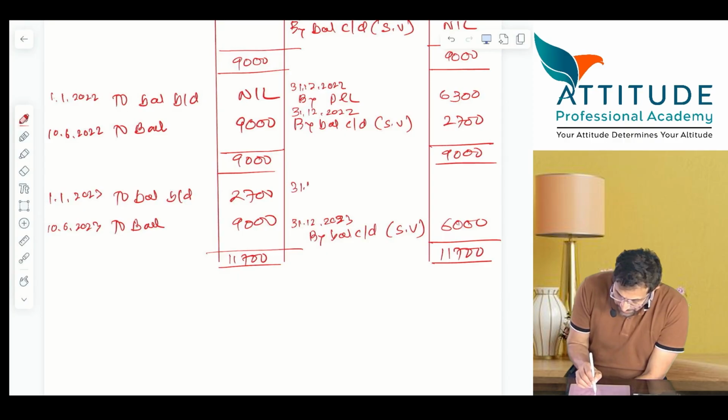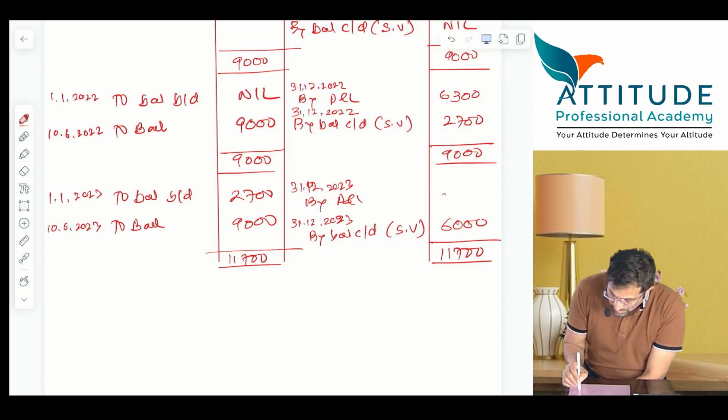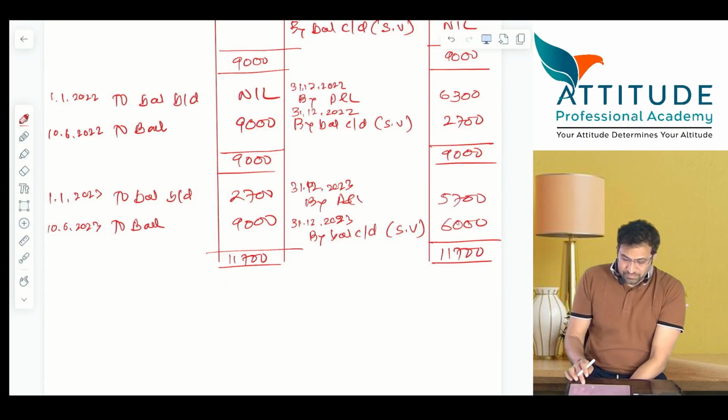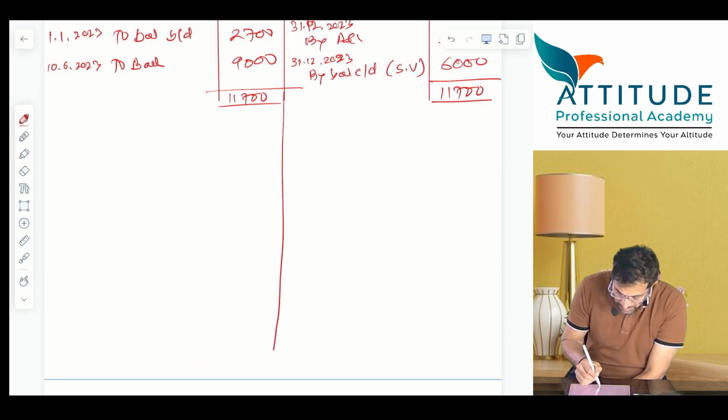By P&L 31st December 2023, by P&L. How much? 5,700.